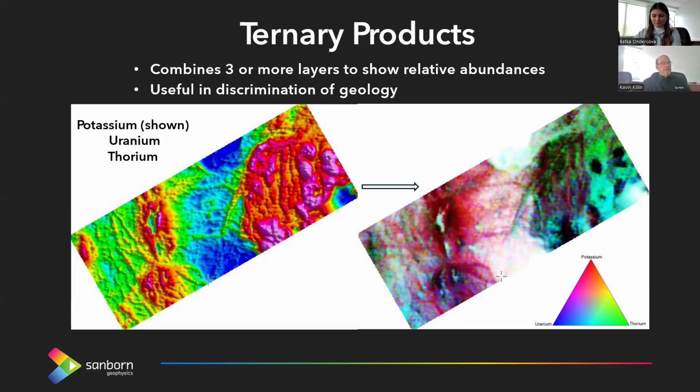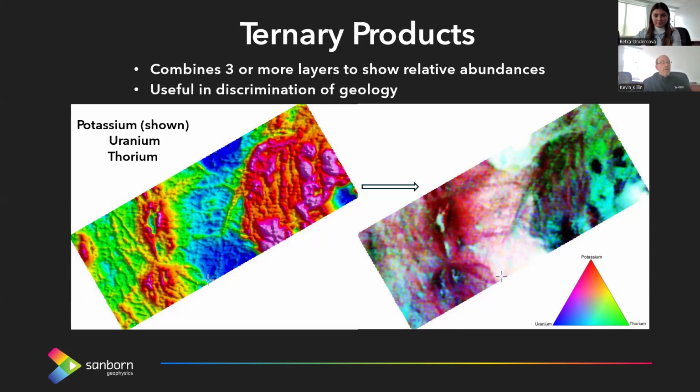As we can see in the slide, the potassium map is shown on the left, and we can see that there's some high potassium throughout the area. And potassium is the main component of many different rock types.